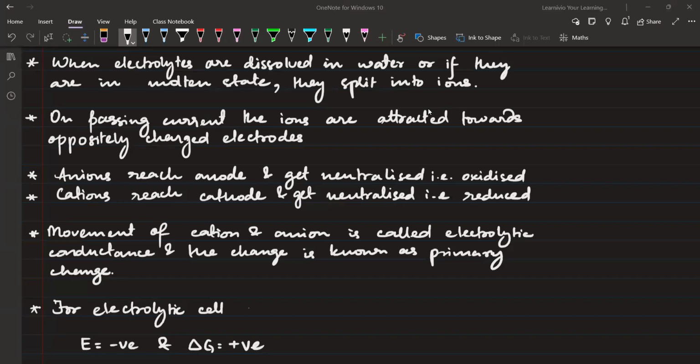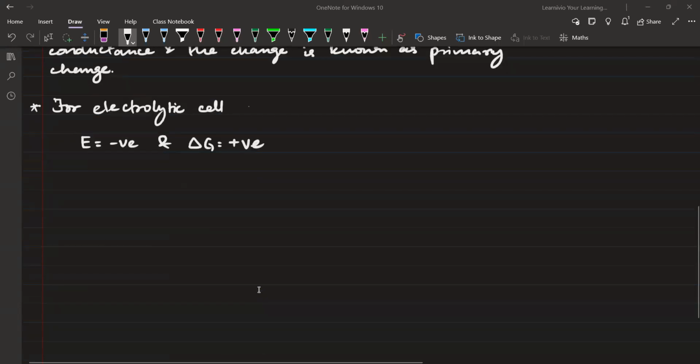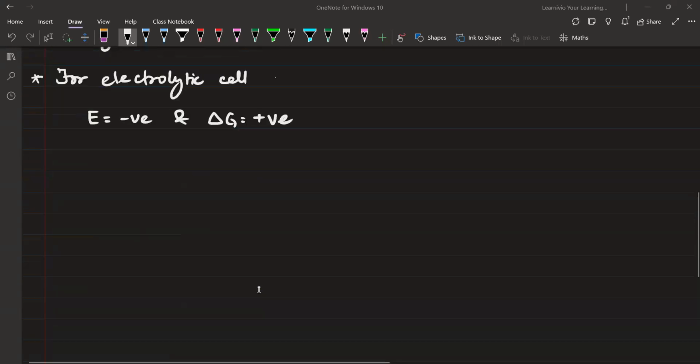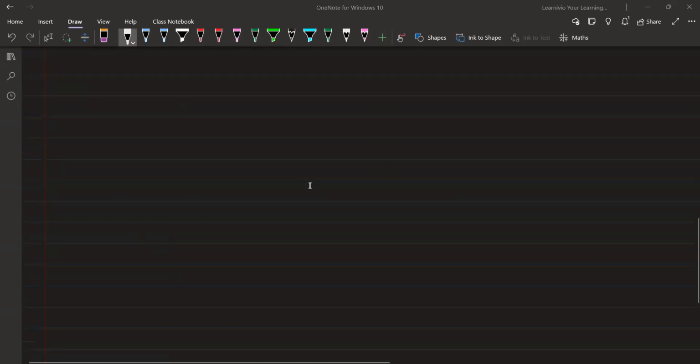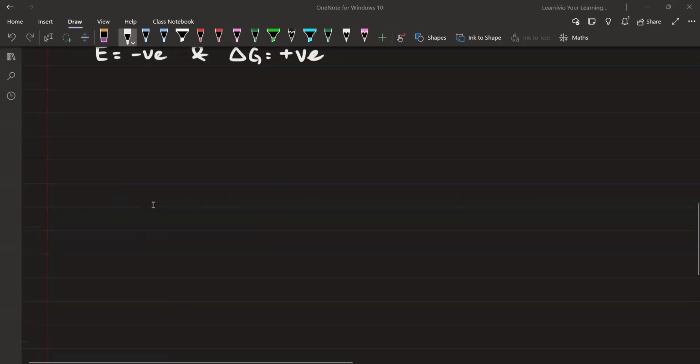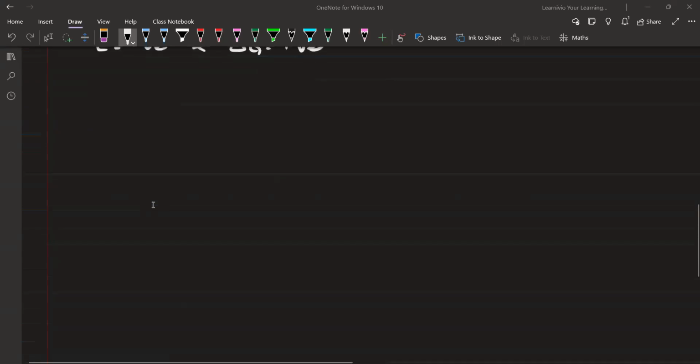Now, there are two segments in electrolytic cell that you have to study. One is known as the qualitative analysis that deals with the reactions, what reaction will take place when you start the cell or if you give it electricity, and what will happen to the electrolyte if you pass current on it.